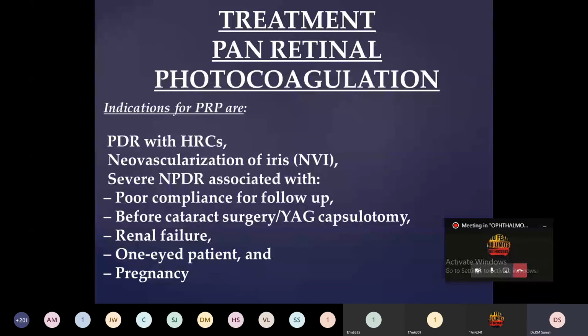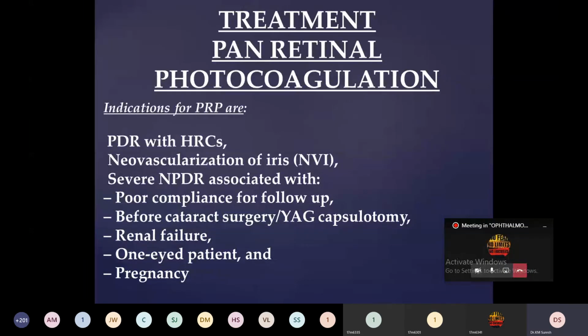Pan-retinal photocoagulation is indicated in PDR with high-risk characteristics, in neovascularization of the iris, and in severe NPDR associated with poor compliance, wherein you are not sure that the patient is going to come for proper follow-up. Just before cataract surgery or YAG capsulotomy, it's better you do green laser photocoagulation for the retina.